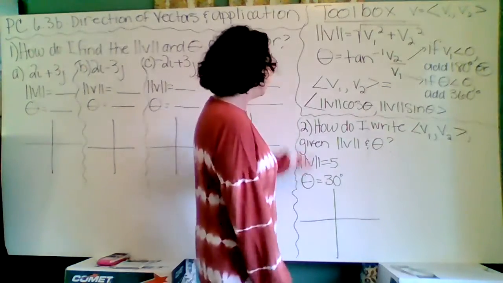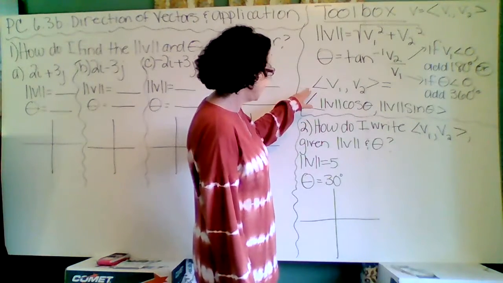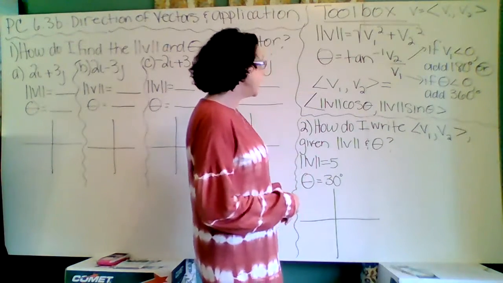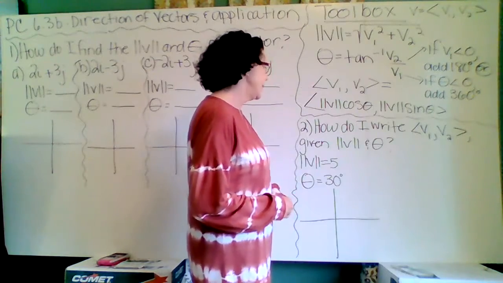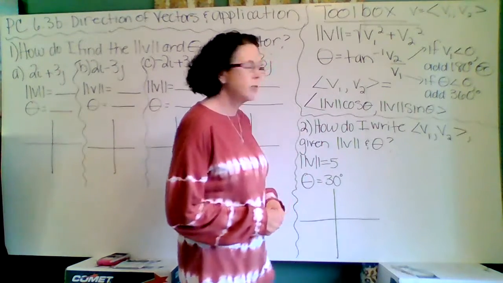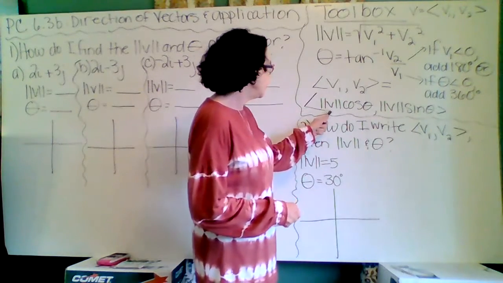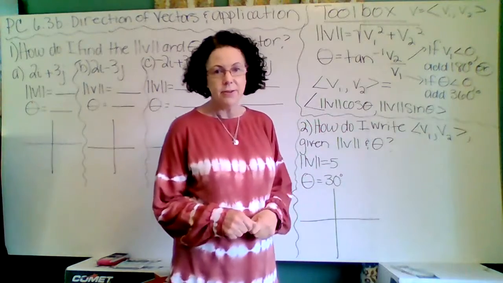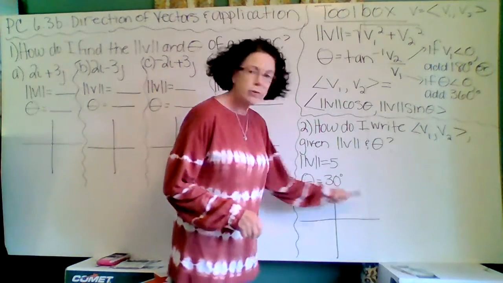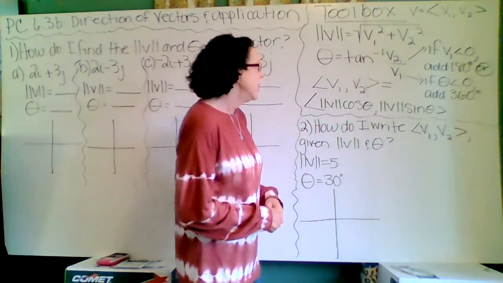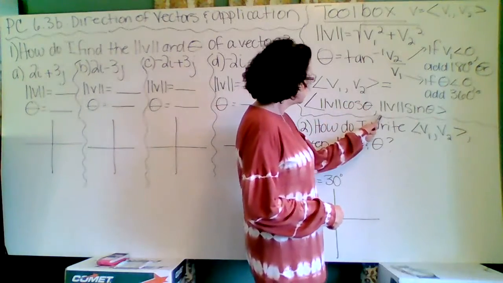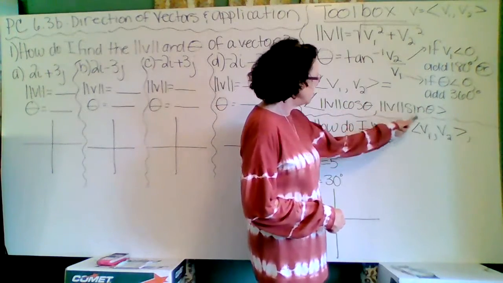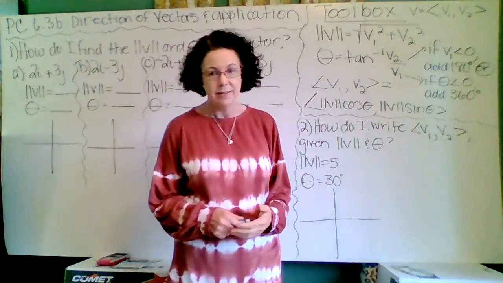If you have been given a vector, it could also be written with v1, the horizontal component, as the magnitude of v times cosine of the angle, and we'll see why down here when we draw a picture. And v2, the vertical component, is magnitude times sine of theta.